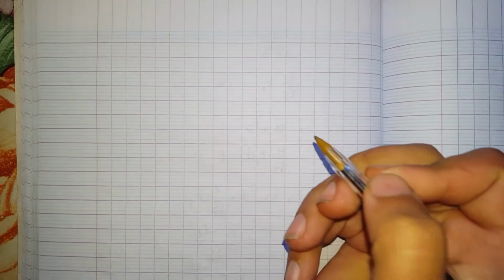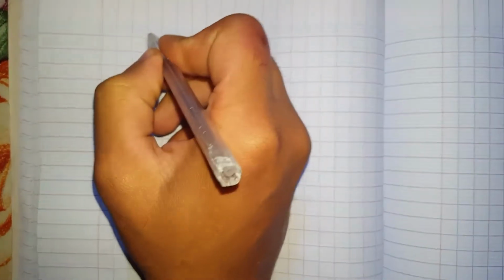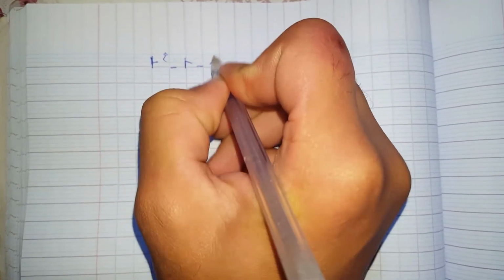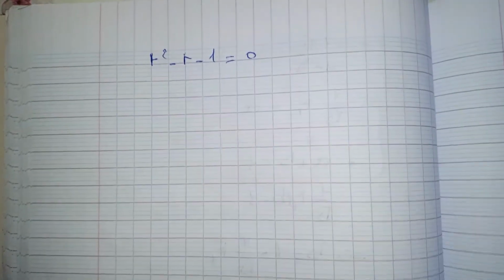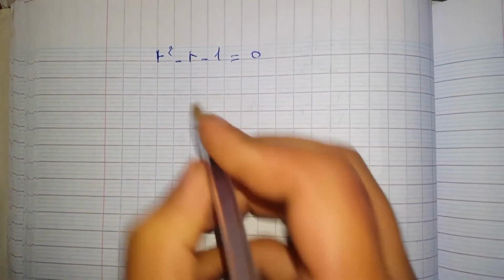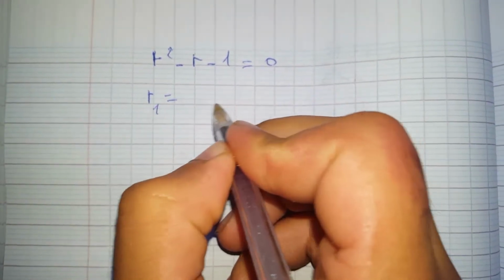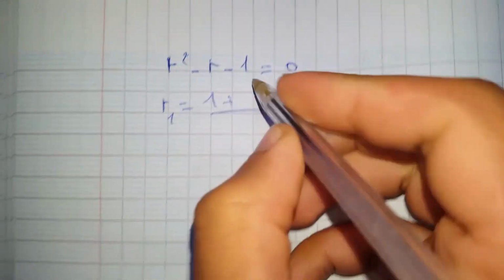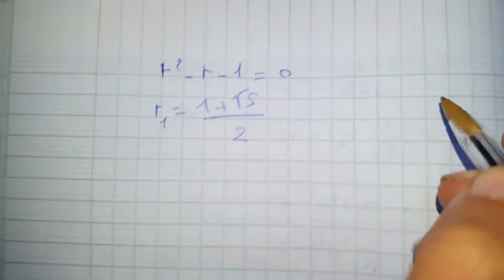And guys, the solutions of r squared minus r minus 1 equal 0 are very special. They are named the golden ratio. We have named just one, but the solutions have a common relation between them. r1 is 1 plus square root of 5 over 2, and that is the golden ratio, and we name it phi.